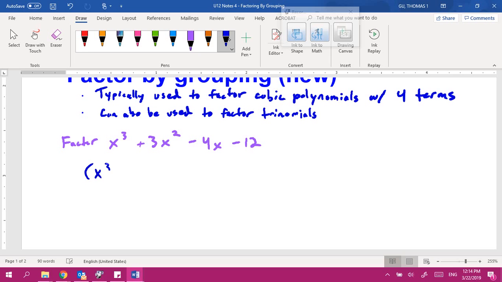So x cubed plus 3x squared, that's going to be my first group. What do you think is going to be my second group? Negative 4x minus 12. Right, negative 4x minus 12. That's going to be my second group. So we separate them into 2 groups using parentheses. So group terms.